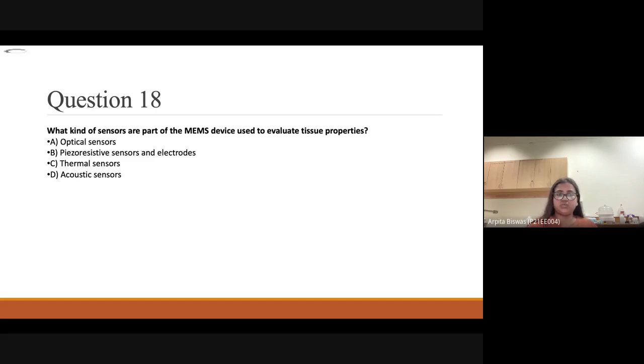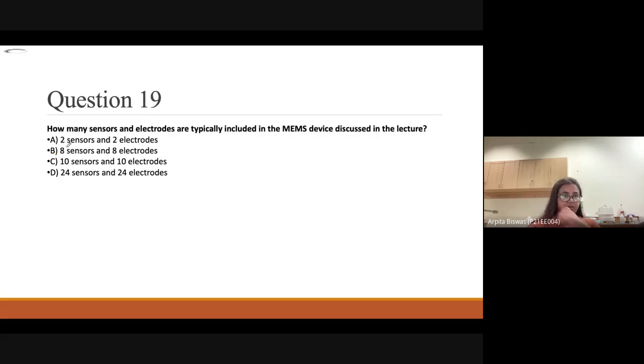The right option is option B, the piezoresistive sensor and electrode. Next, move toward question number 19. How many sensors and electrodes are typically included in the MEMS device discussed in the lecture?